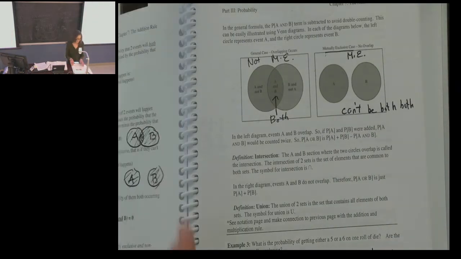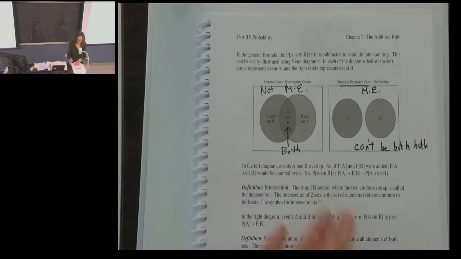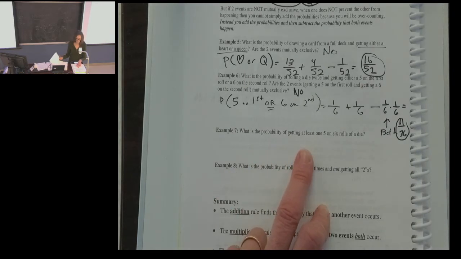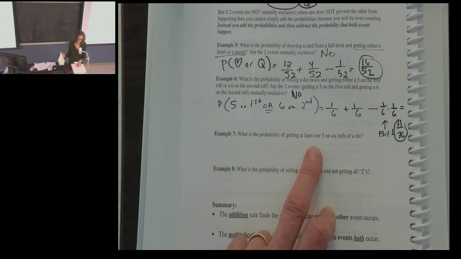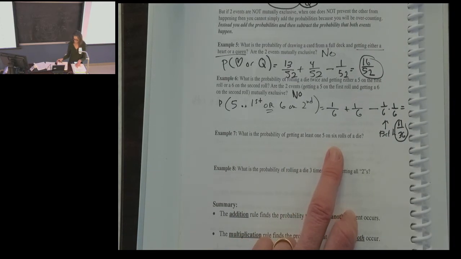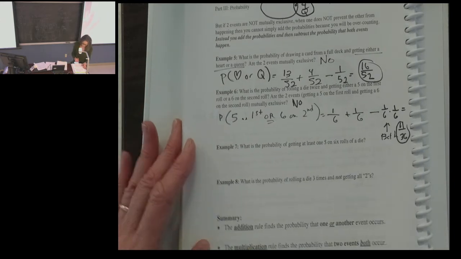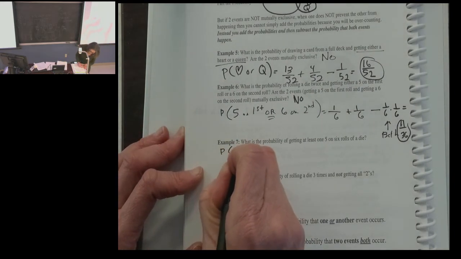All right. So now what do we want to do next? What's the probability of getting at least 1? So at least 1 could be a 1, 2, 3, 4, 5, 6. That is a problem for using the addition rule, but it's much easier to do what we already know. So at least 1, do you remember the probability of at least?